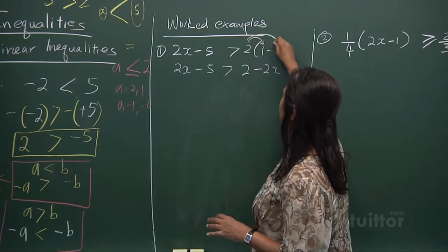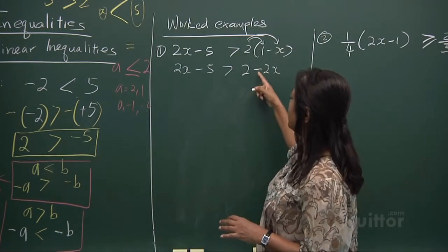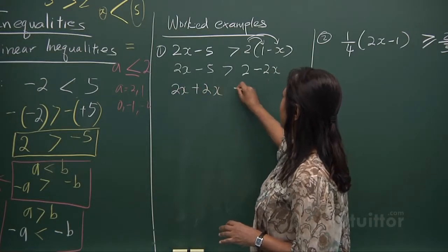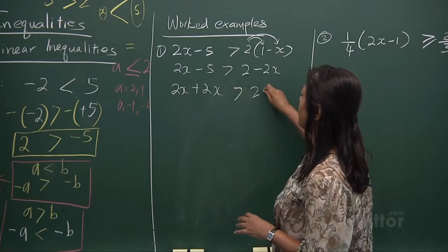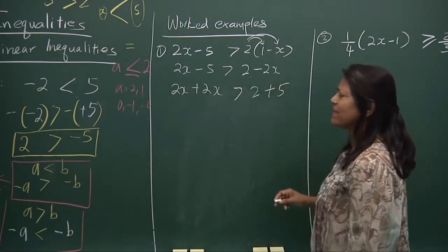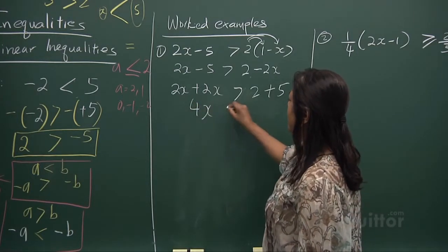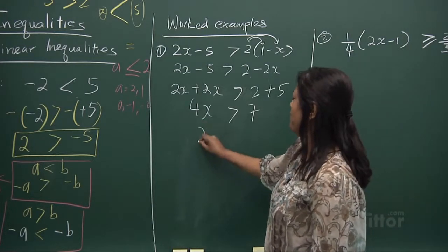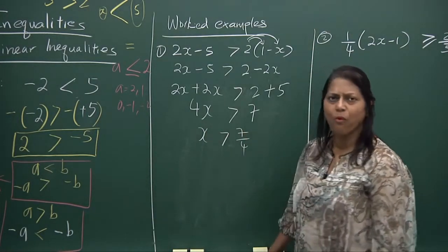Minus 2x moves over, it becomes a plus 2x. And then your 2 is here. Minus 5 moves over, it becomes a plus 5. What we've got is 4x greater than 7. And you can see from here that x is greater than 7 over 4.